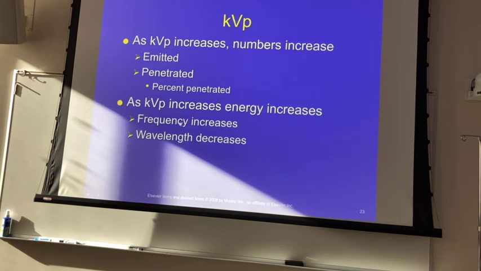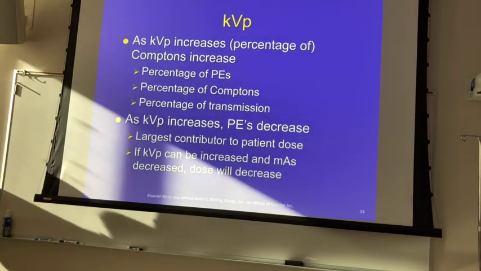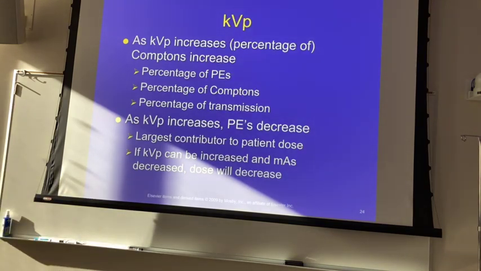All right, so again, we talked about kVp and its relationship to frequency and wavelength. As kVp goes up, wavelength decreases, frequency increases. And this was everything we just talked about. The percentage of PEs decreases, the percentage of Compton increases, the percentage of transmission increases. As kVp increases, the photoelectrics appear to decrease because of the increase in Comptons.